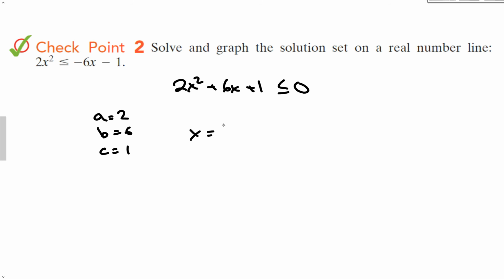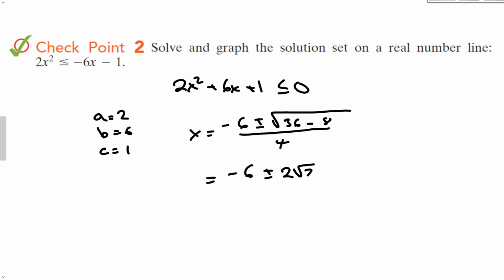We have that x is equal to negative b plus or minus the square root of 36 minus 8 all over 4. That gives me negative 6 plus or minus 2 radical 7 over 4. And I can simplify this to give me negative 3 plus or minus radical 7 over 2.